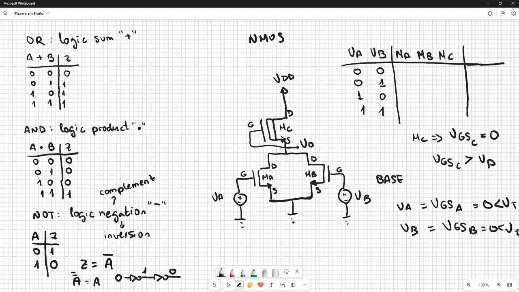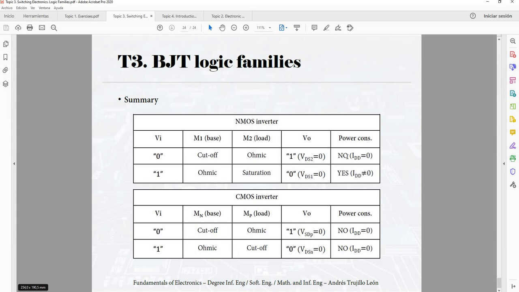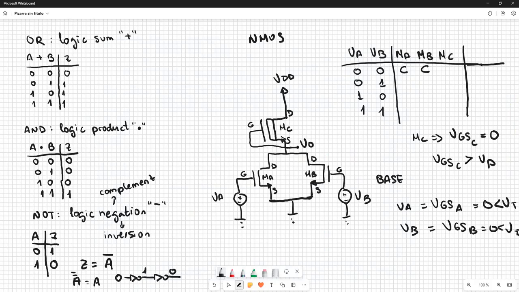If we don't have a channel, they are in cutoff. So in this combination, they are in cutoff. What happens when the base is in cutoff? We can look at the summary we have here. When the base is in cutoff, the load transistor is in ohmic. So with this graphical method, the supply voltage can reach the output. So we are going to have a 1 for this combination.